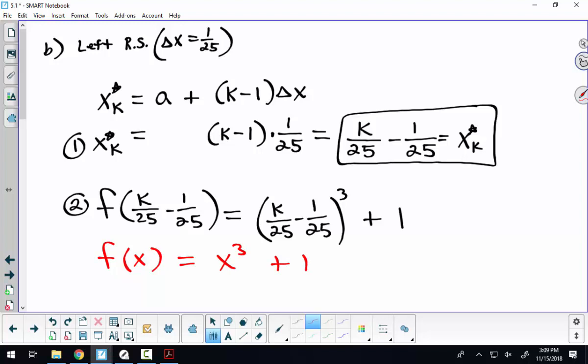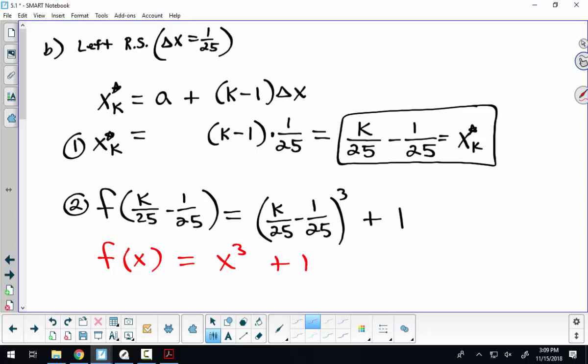So to do this one by hand, our right Riemann sum just involved the k over 25 cubed. That was easy to cube. If we wanted to do this by hand, you have to expand this out, multiply this times itself 3 times, and then distribute the sum to all of those terms, factor out the constants, so it can get very, very tedious very, very quickly. Would it not make sense to combine it with just k minus 1?